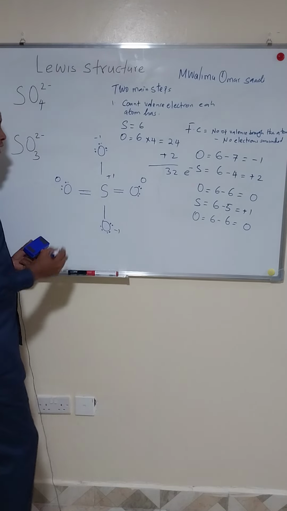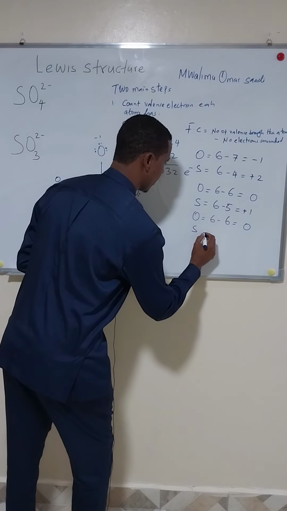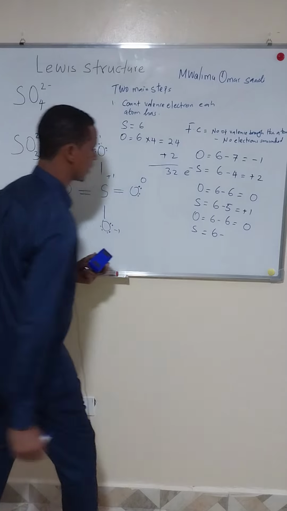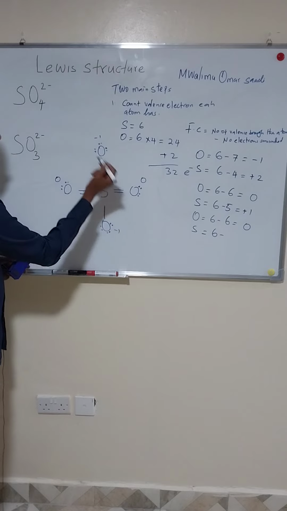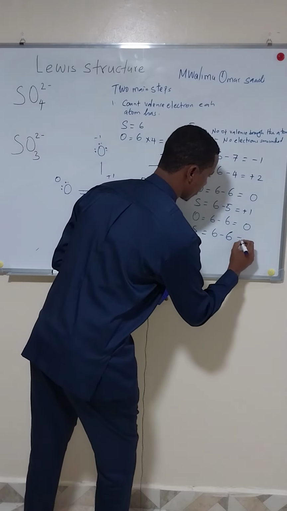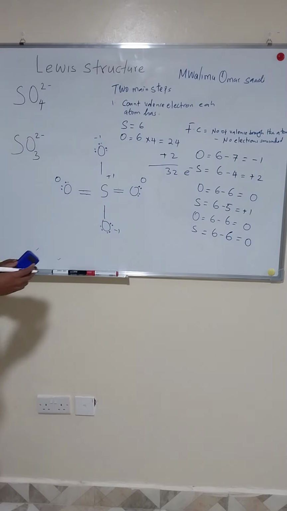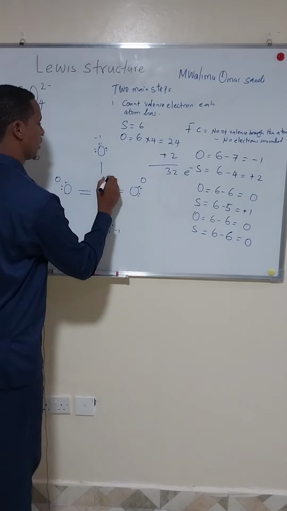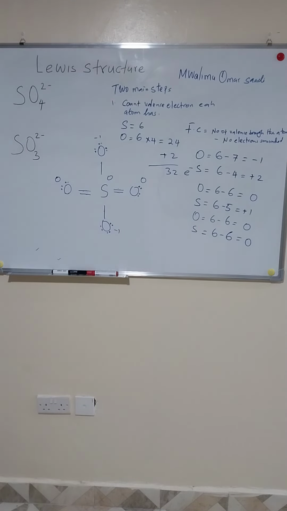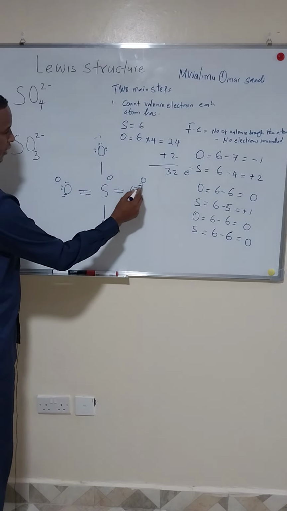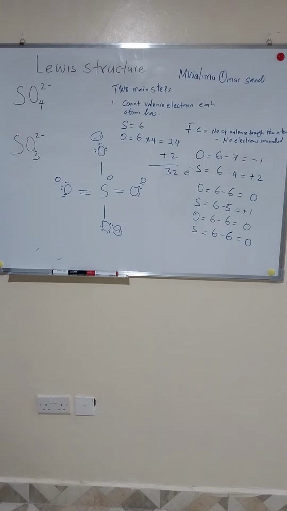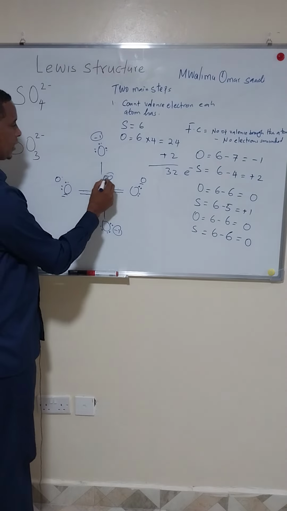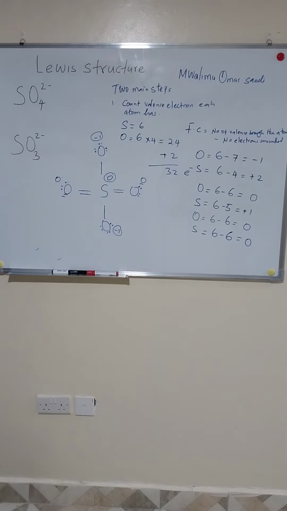Okay, again for sulfur. Sulfur brought 6 electrons, surrounded by 1, 2, 3, 4, 5, 6. 6 minus 6, the formal charge of sulfur is 0. So here now we have 2 oxygen atoms that have a formal charge of 0, and these 2 oxygen atoms have a formal charge of negative 1 and negative 1, and sulfur has a formal charge of 0.